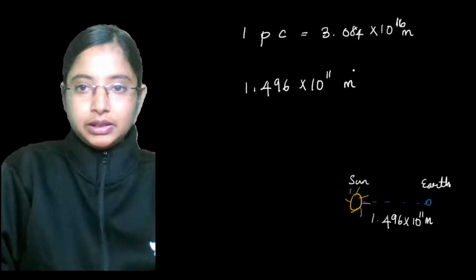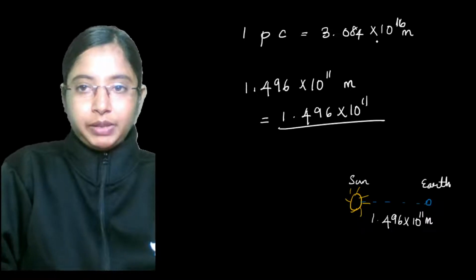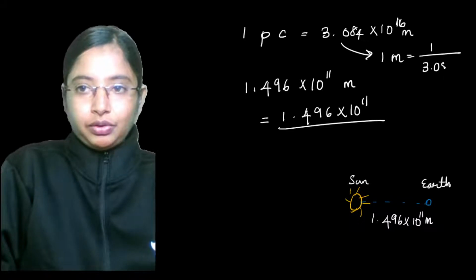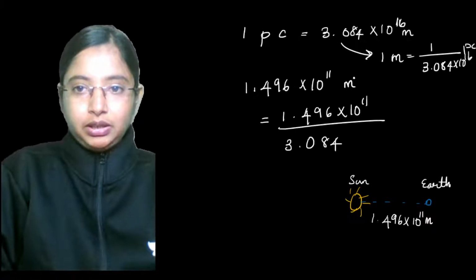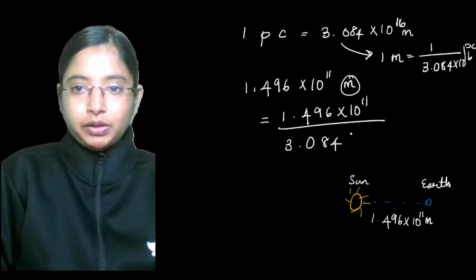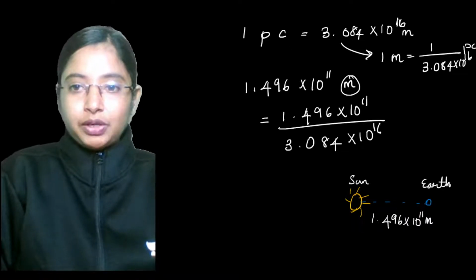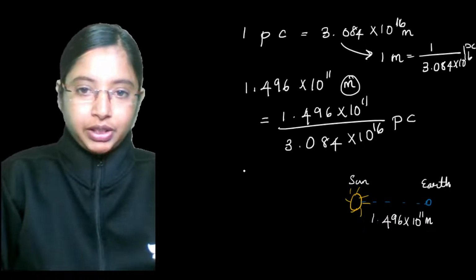This is equal to 1.496 into 10 to the power of 11 times, how do we substitute for meters? 1 meter would be 1 divided by 3.084 into 10 to the power of 16 parsec. So substitute that for 1 meter. Solve for the same, then you will get the answer.